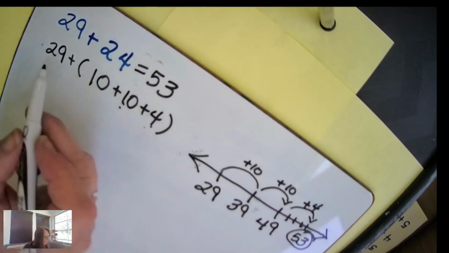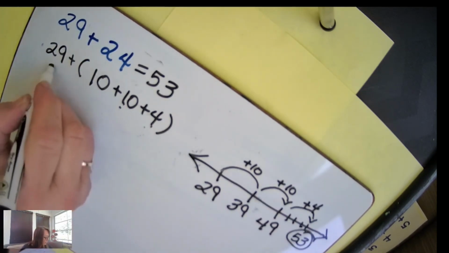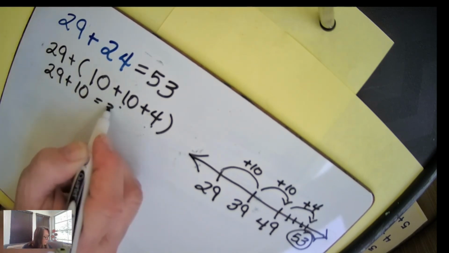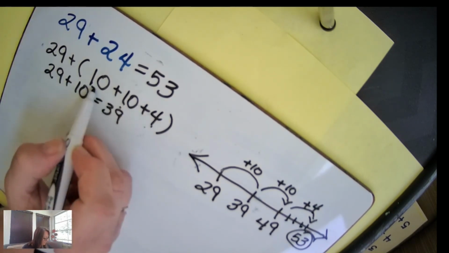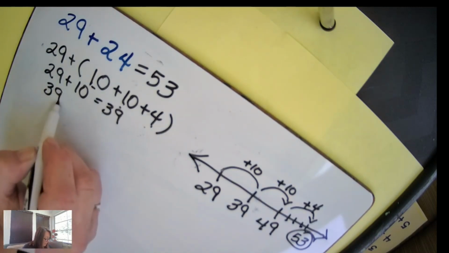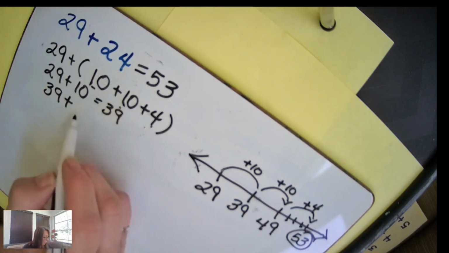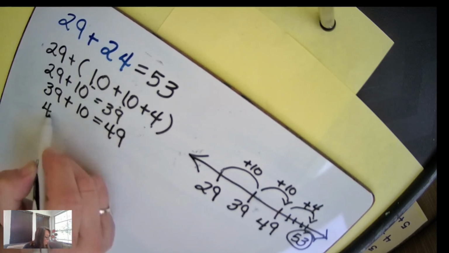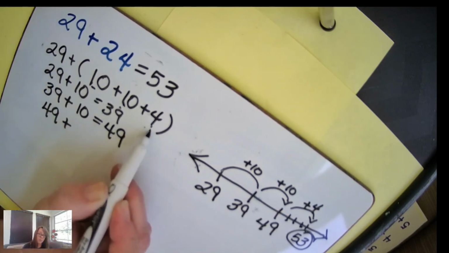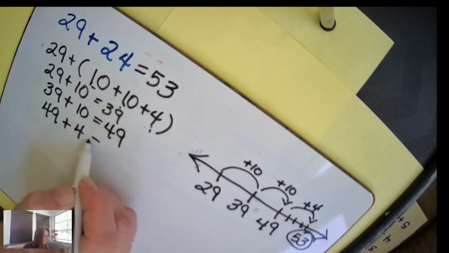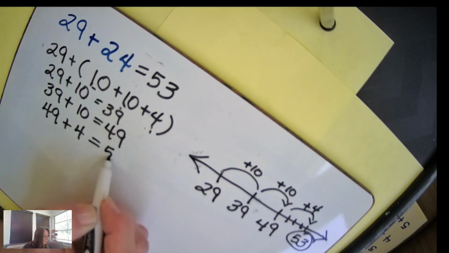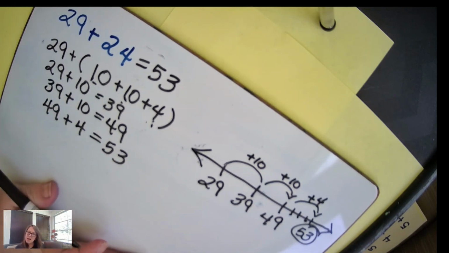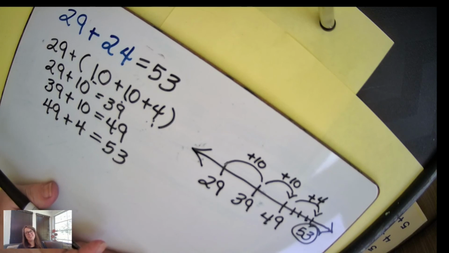Very good. So 29 plus 10 equals 39. 39 plus 10 more equals 49. And 49 plus 4 equals 53.